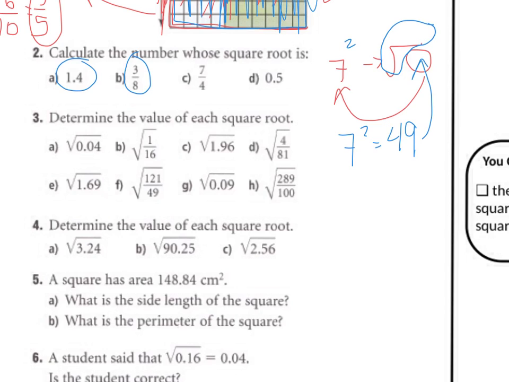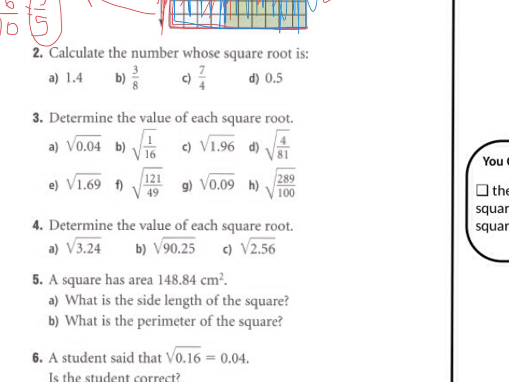So let's erase some of that. Okay. So it asks for 2a, this one's the square root, so we just had to go 1.4 squared.